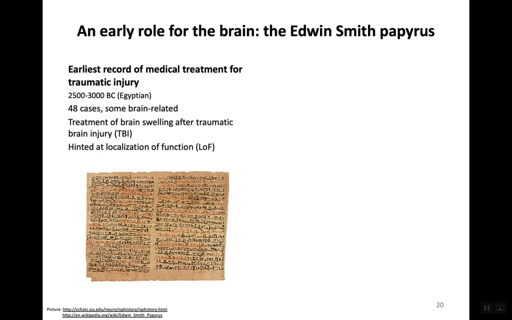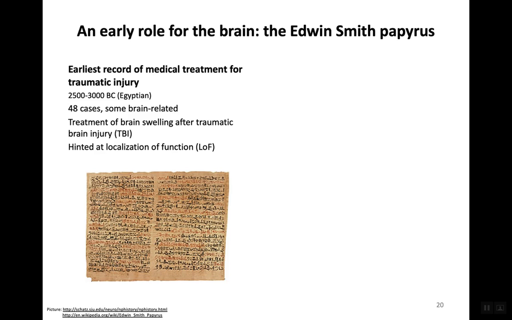The first inklings into the fact that the mind is related to the brain can be traced back to the earliest record of medical treatment for a traumatic injury in ancient Egypt. This is a 4,500 to 5,000 year old document, and it contains references to 48 cases.